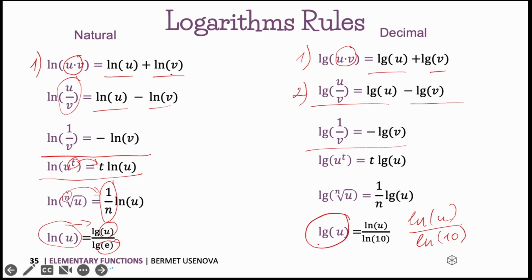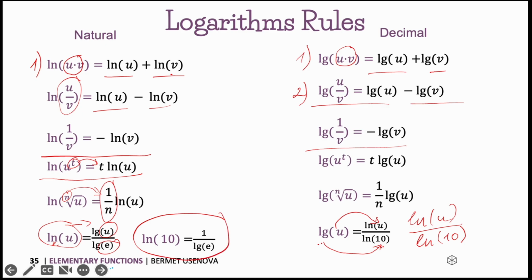So the idea here is this: in the new base, u goes here divided by the old base. So basically, using this rule, we can rewrite any logarithm with any new base. And specifically for the natural logarithm of 10, we can rewrite it as 1 divided by log base 10 of e. So next we will solve several examples of exponential and logarithmic equations.